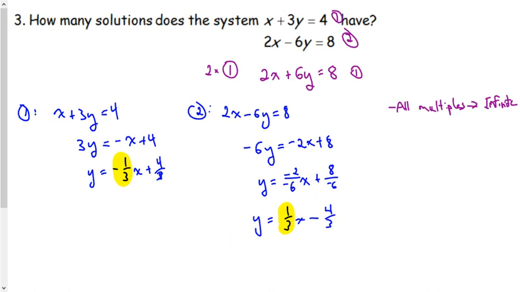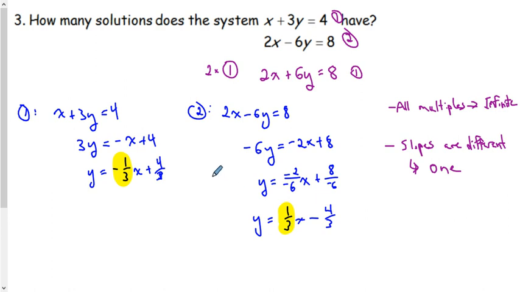So I'll say slopes are different. If the slopes are different, that means one solution, because they have to intersect somewhere if their slopes are different. So we'd say this does have one solution. That's the answer. There is one solution because their slopes are different.